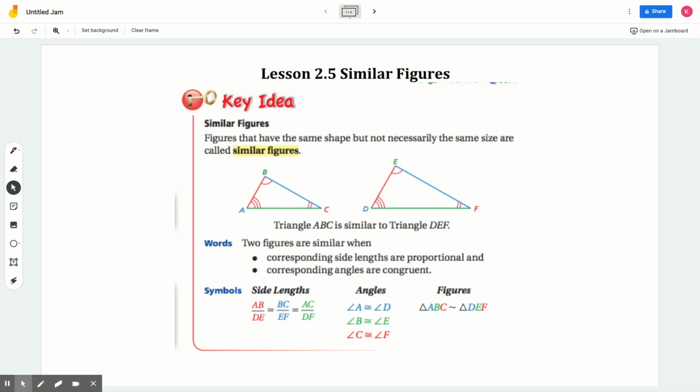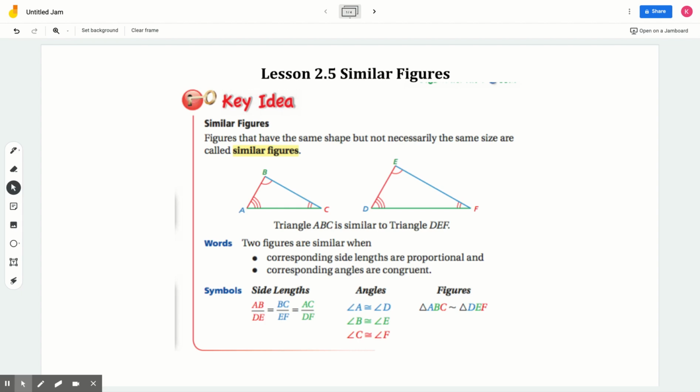Here you can see that triangle ABC is similar to triangle DEF. They have the same shape, but one is larger than the other. When two shapes or figures are similar, their corresponding side lengths are proportional and their corresponding angles are congruent.